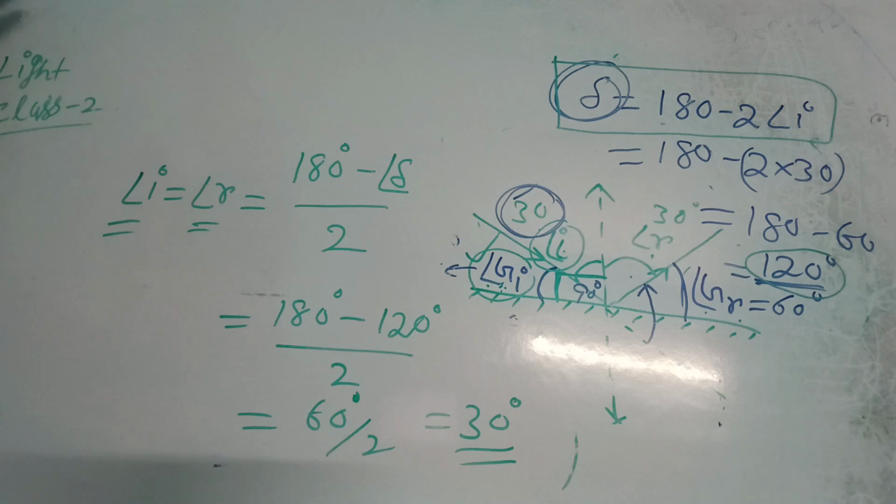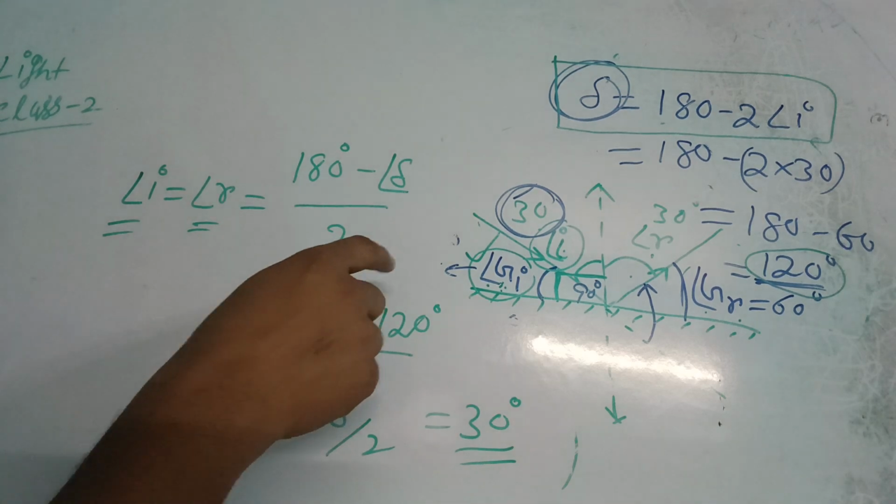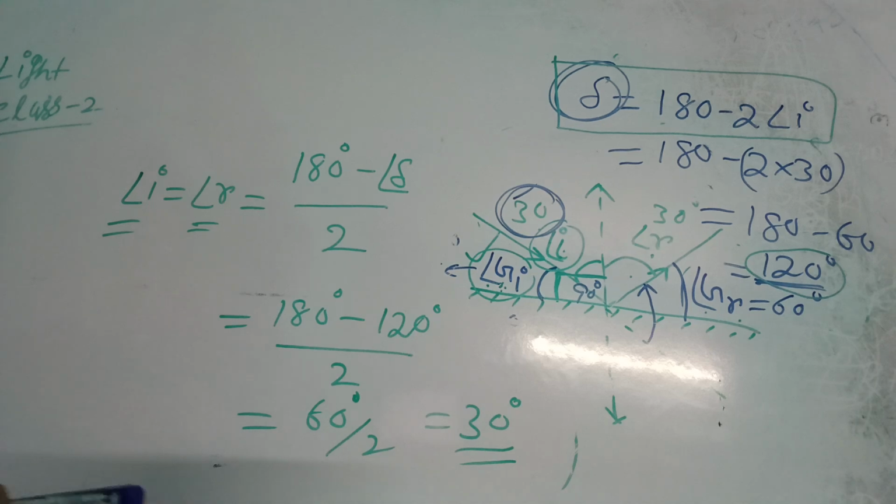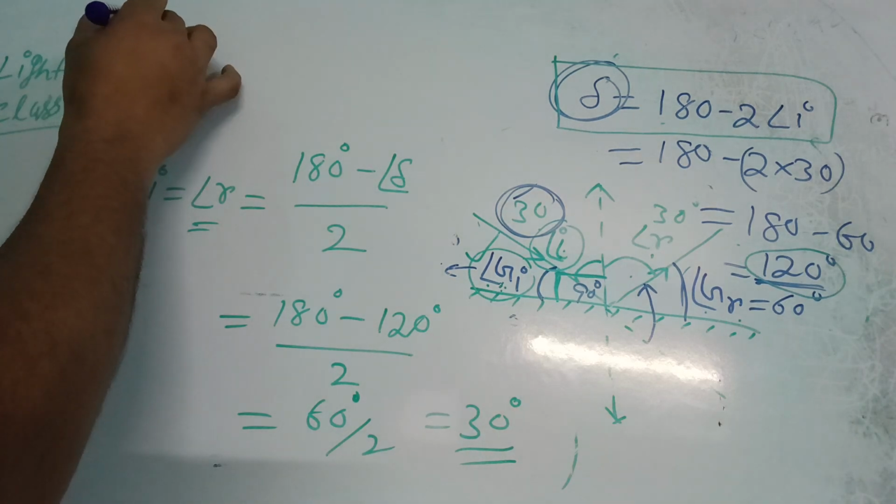So today we discussed the process of how to find the value of delta. What is the angle of incidence, the angle of reflection, the glancing angle of incidence, the glancing angle of reflection, and the relation between I, R and delta.